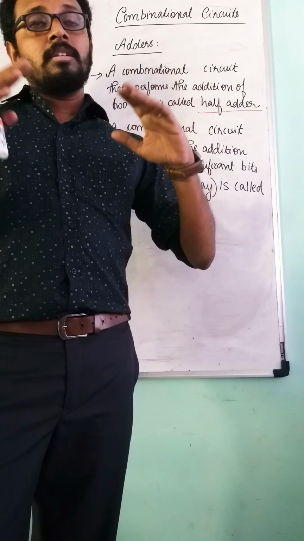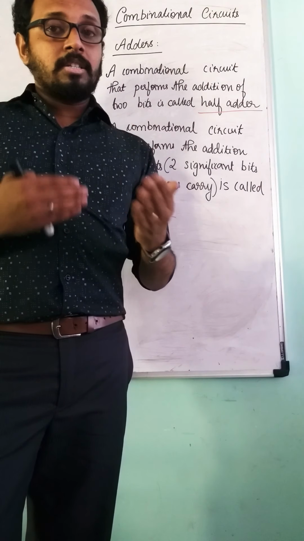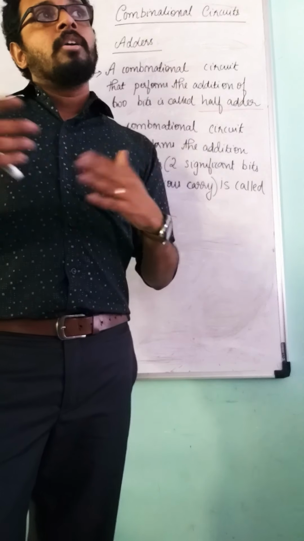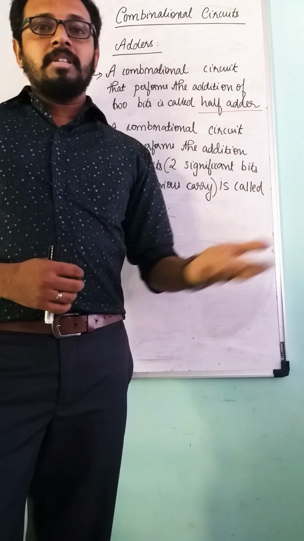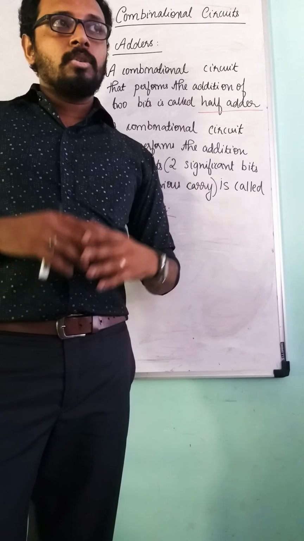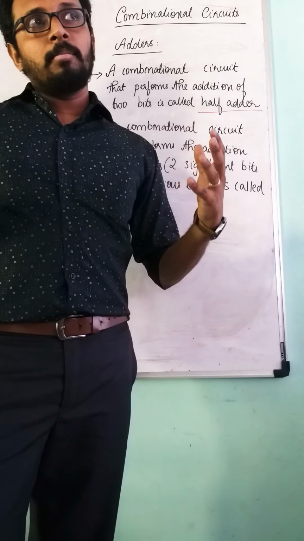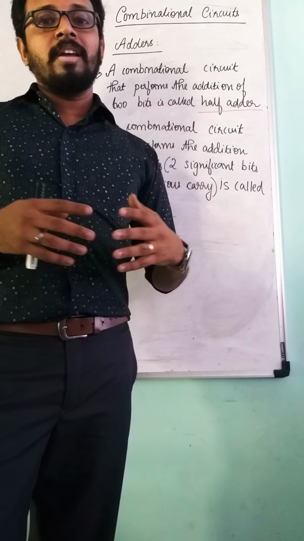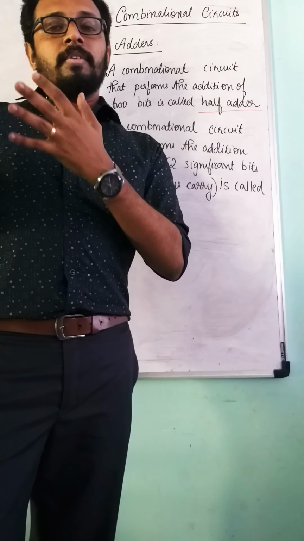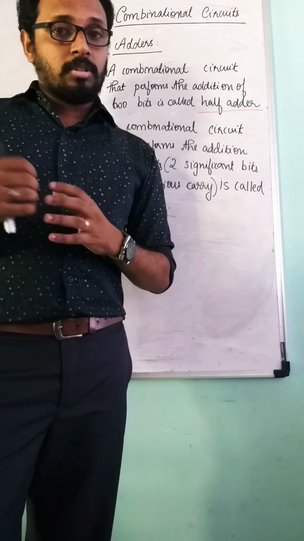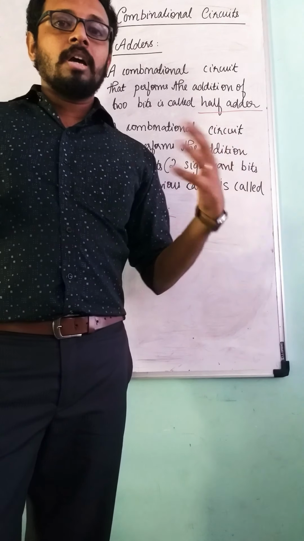But when we consider a big circuit, for example adders, magnitude comparators, or parity bit generators, a variety of circuits, we have a large series of logic devices used. For example, the basic gates and the universal gates all come into action.